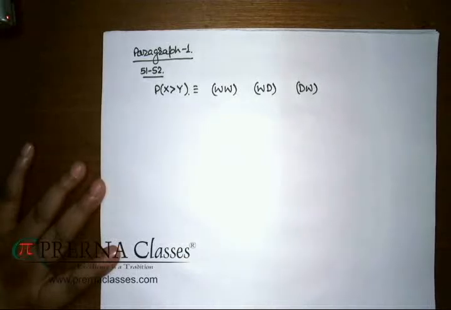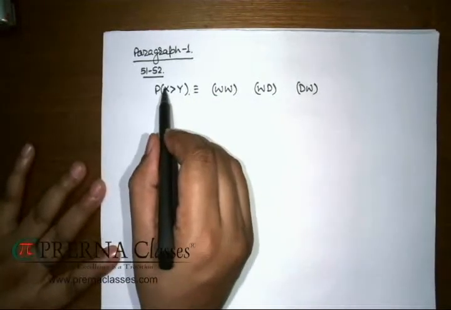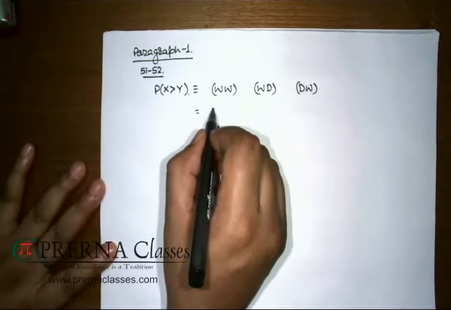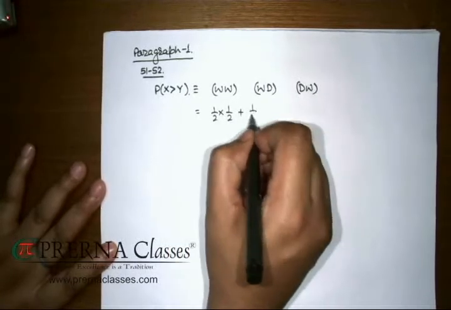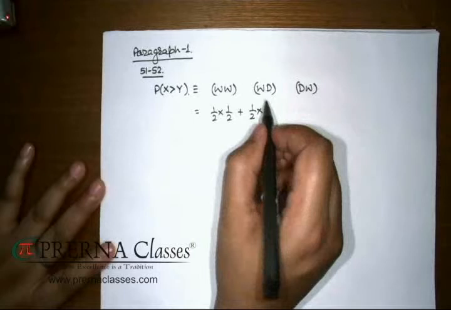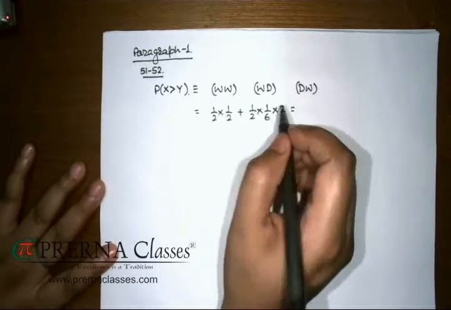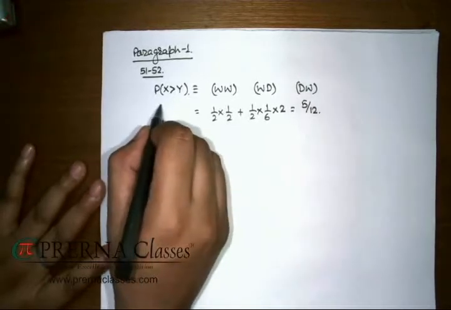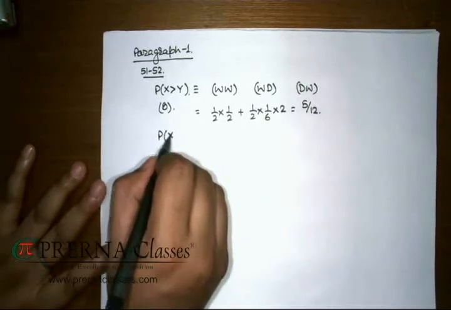Alternatively, I can have a different order. In these three cases only, you will find that the score of first team is going to be greater than the second one. The probability for this is 1/2, 1/2. Probability for this as 1/2, and for draw it's 1/6. It's going to be the same thing, so let's multiply with 2. If you simplify this matter, you will find it is 5/12, which is nothing else but the option B.